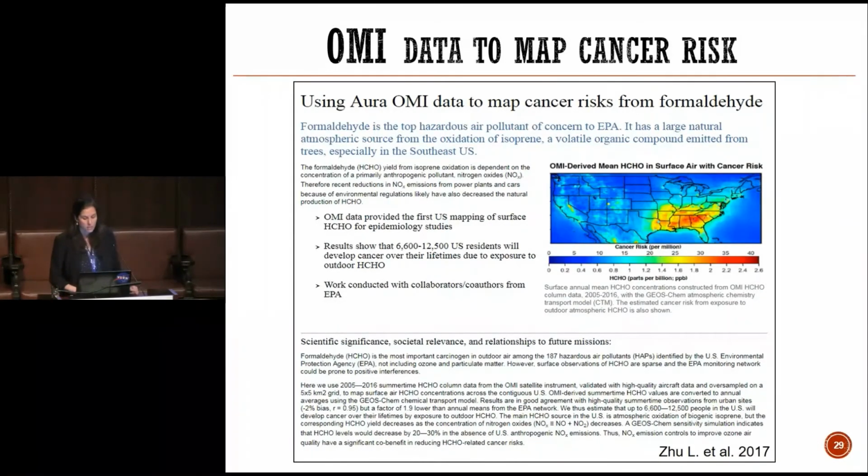And one of the reasons that the Southeast has more risk is because the formaldehyde is a natural atmospheric source from oxidation of an organic compound that is emitted from trees, most of them located in Southeast US.